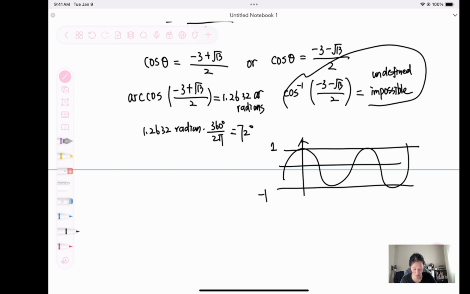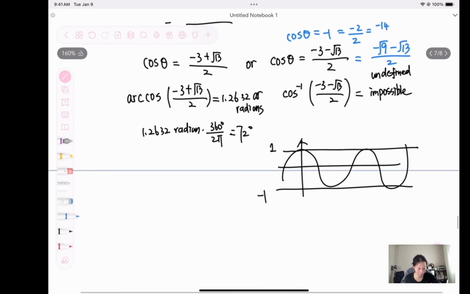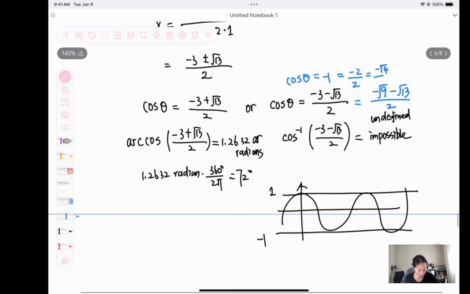Because let's do some algebra in here. For algebra, I have -3 minus square root of 13. So this is almost like a negative square root of 9 minus square root of 13, over 2. So when is this -1? If cosine theta is equal to -1, that means this is going to be -2 over 2, right? Which is negative square root of 4 over 2.